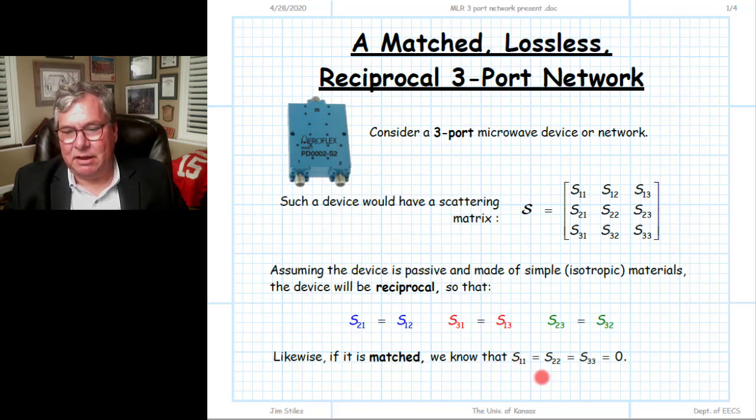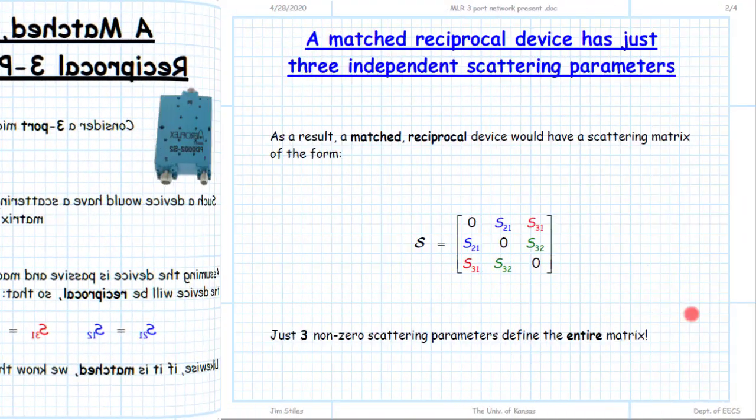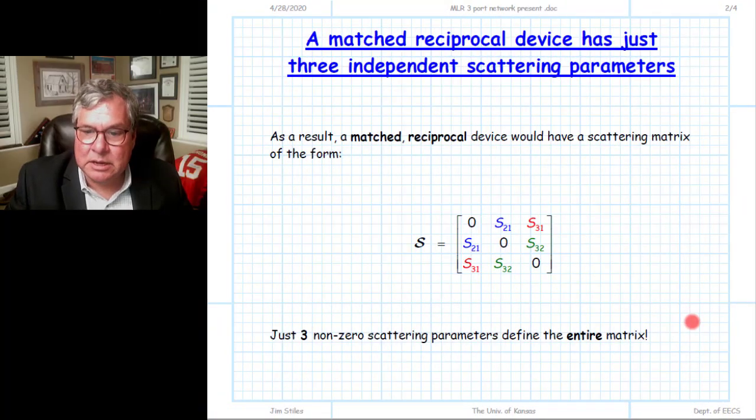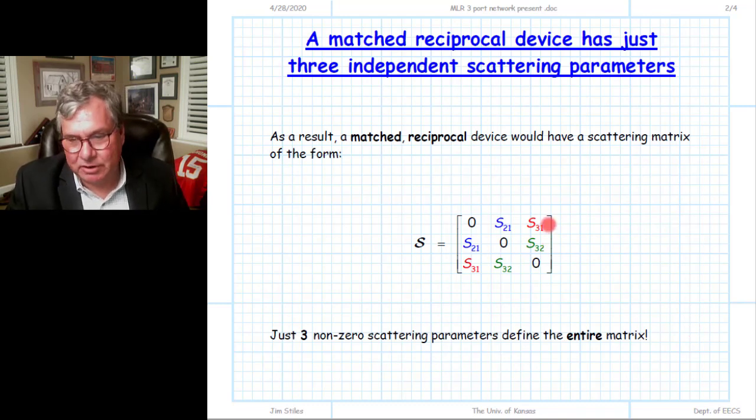What do we have? We have all of a sudden 1, 2, 3, 4, 5, 6 equations already that constrain what the scattering matrix might be. So we have 6 equations, but of course we only have 9 scattering parameters in our 3x3 matrix. When we constrain our scattering matrix such that it satisfies those 6 equations, we're left with a scattering matrix that looks like this.